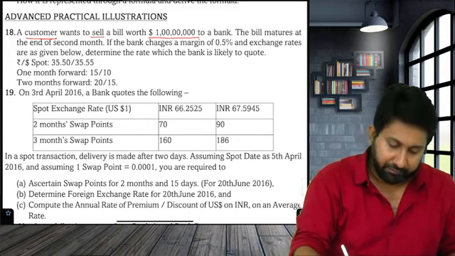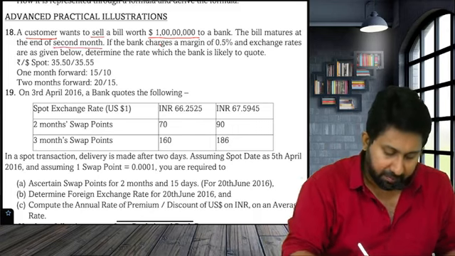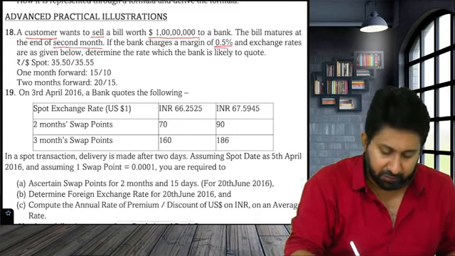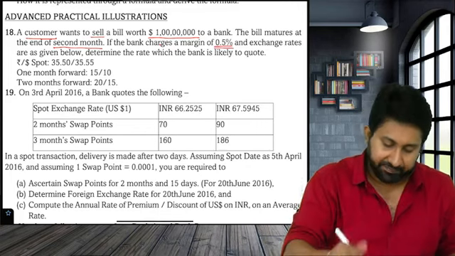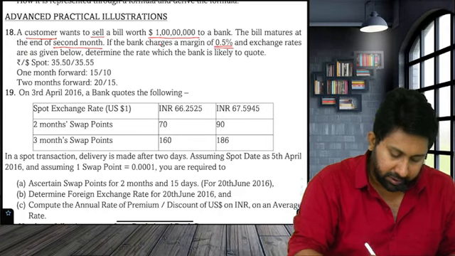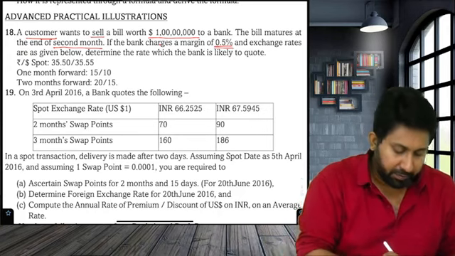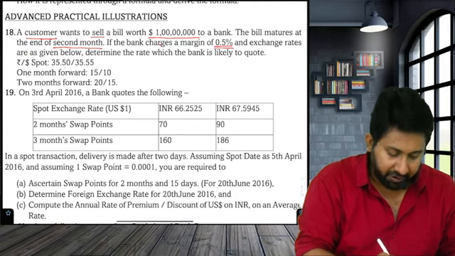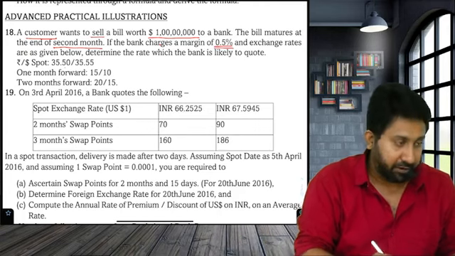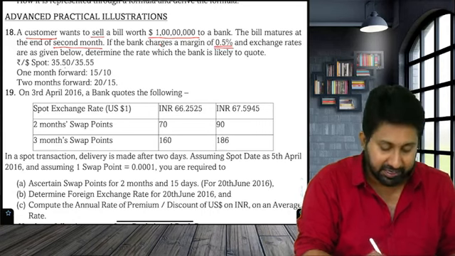The bill matures at the end of the second month. If the bank charges a margin of 0.5% and the exchange rates are as given below, determine the rate at which the bank is likely to quote. Rupee by dollar spot 35.5 dash 35.55. 1 month forward 15 and 10, which means it is given in descending order.